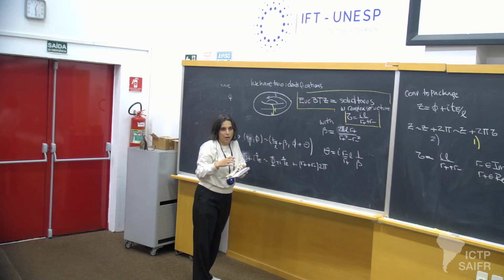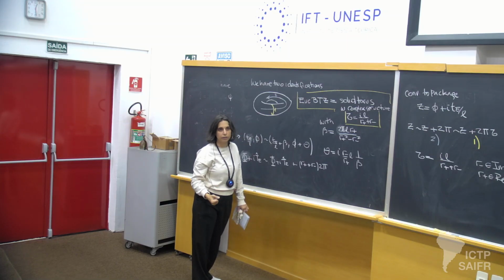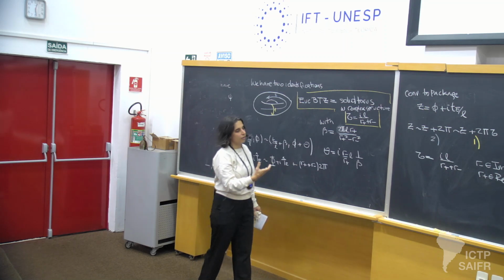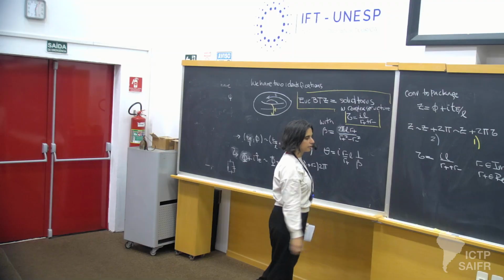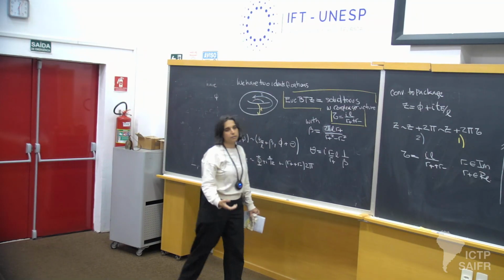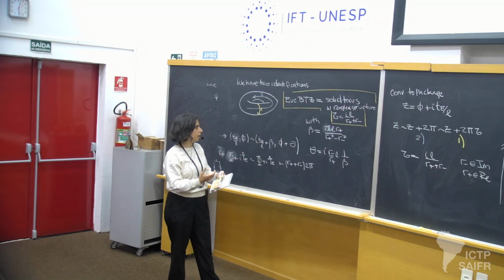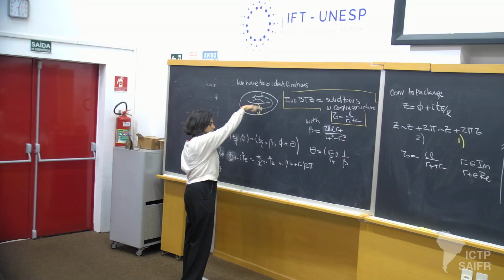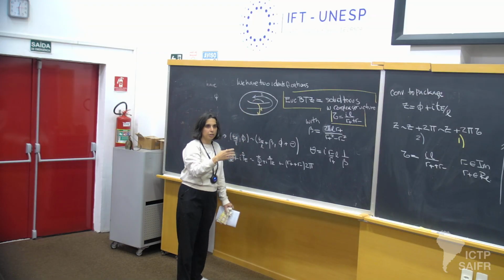So it tells you how big the black hole is. So yes, it's a complex structure, and when you then go to the Lorentzian picture, this periodicity of 2 pi of phi is not a contractible direction.